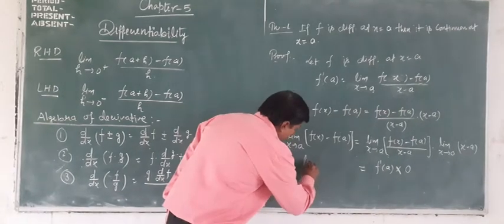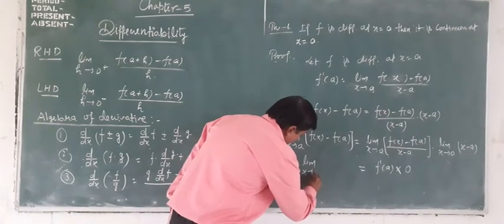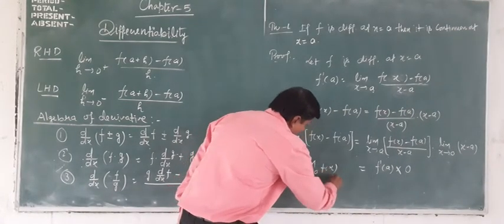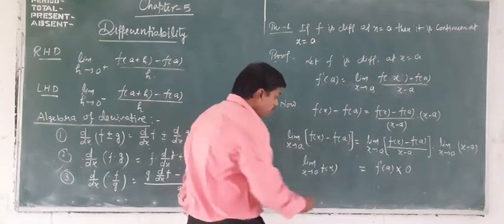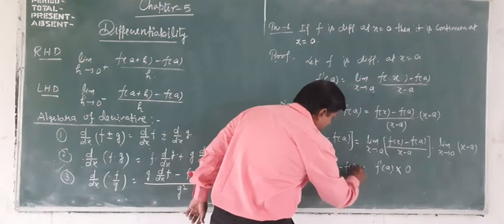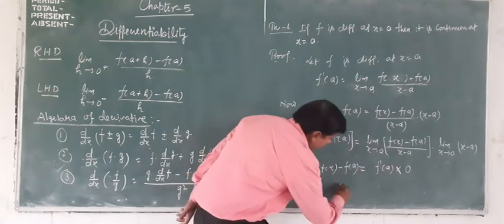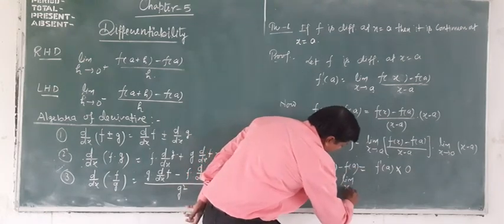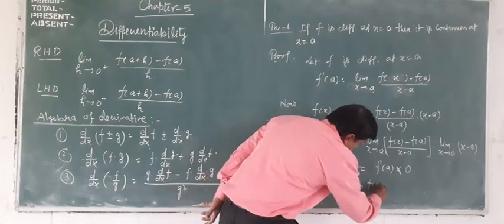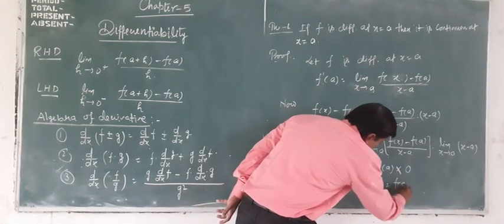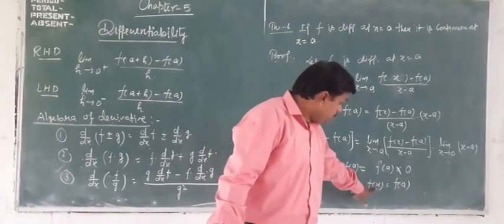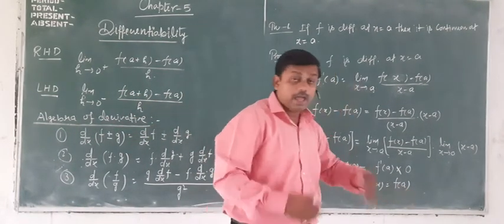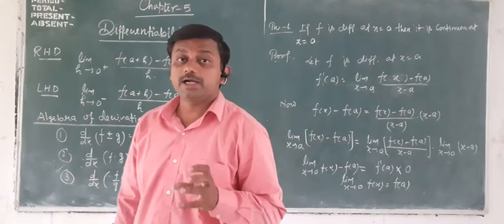So limit x tending to a of f(x), and there is no x in the remaining term so the limit has no effect on it, minus f(a) equals 0, or we can say limit x tending to a of f(x) equals f(a). It means the limiting value of the function is equal to the exact value of the function at that point.